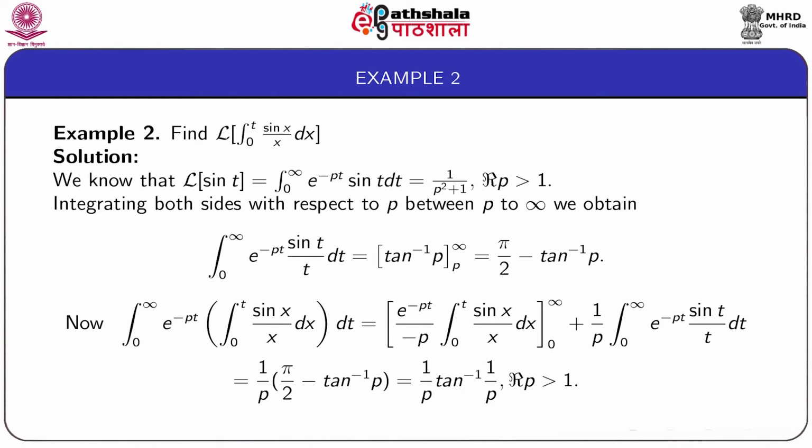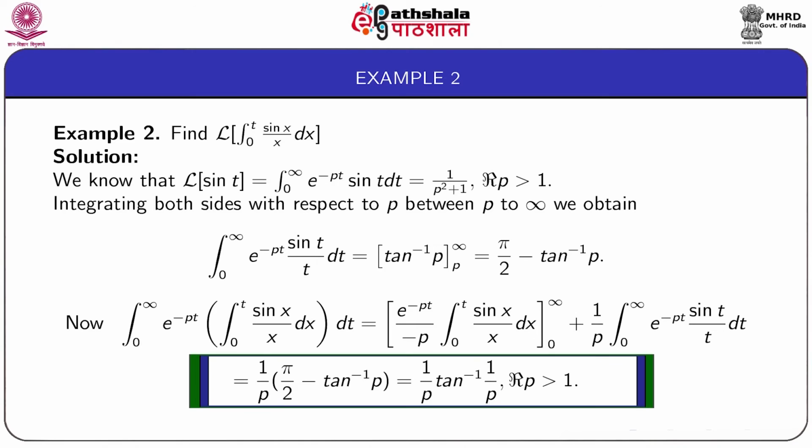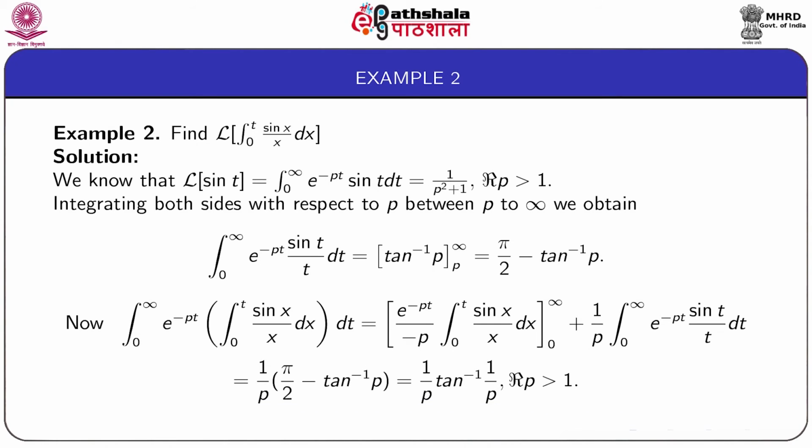This is evaluated by using integration by parts. This gives 1 by p into pi by 2 minus tan inverse p, which is equal to 1 by p tan inverse 1 by p for real p greater than 1.